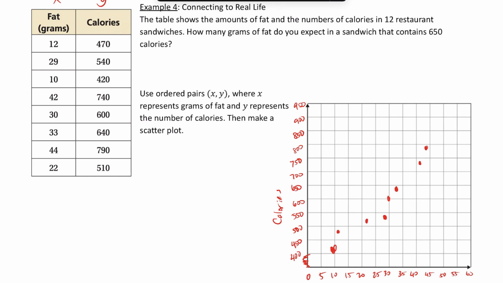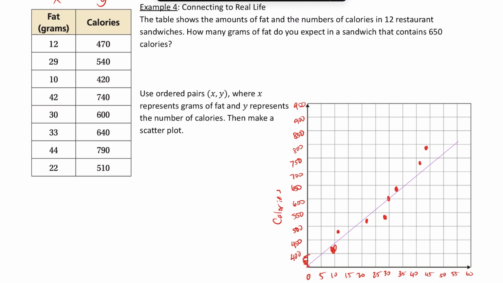And then it says, how many grams of fat do you expect in a sandwich that contains 650 calories? Well, one thing that I think might be helpful is if you were to draw, and this will get into tomorrow's lesson too, a little bit of a line that is centered between all of them, right? So it looks like most of the points are kind of close to that line.